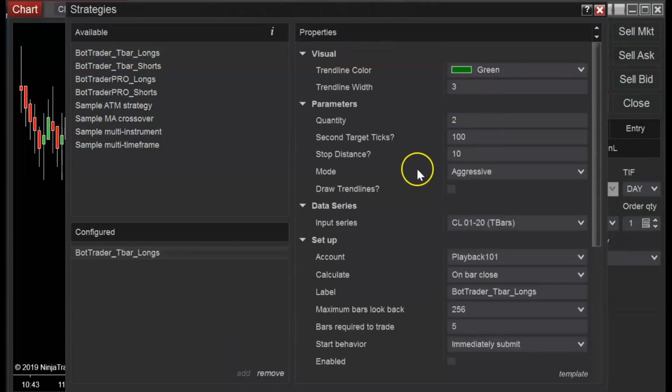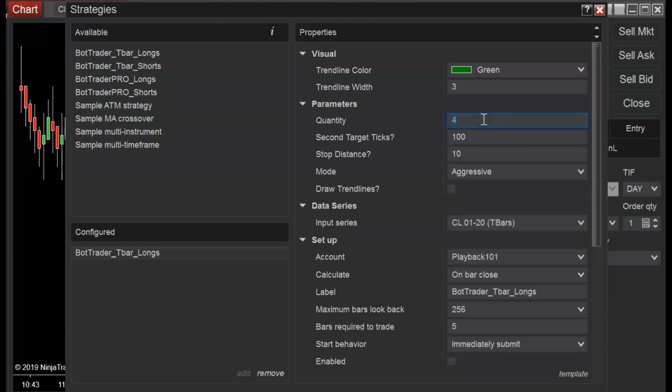I've made this pretty easy for you guys. Most of this stuff will be self-explanatory. Quantity is relatively easy to understand. If you're trading futures, this is just the number of contracts. You can type in 2 contracts, 4 contracts, whatever you want. If you're trading Forex, you have to go with the standard unit.